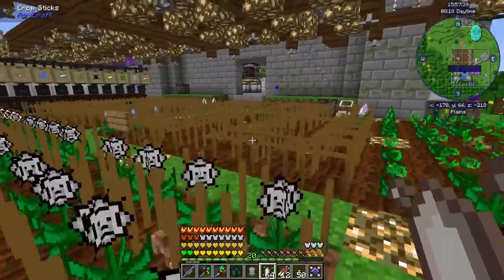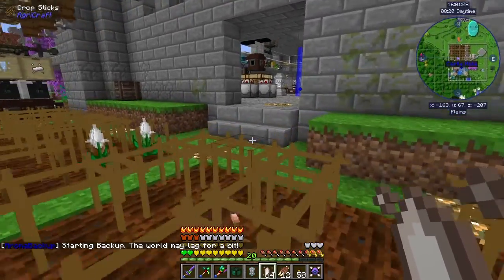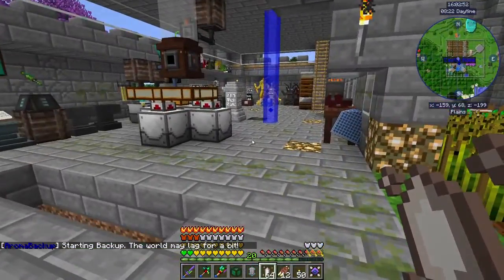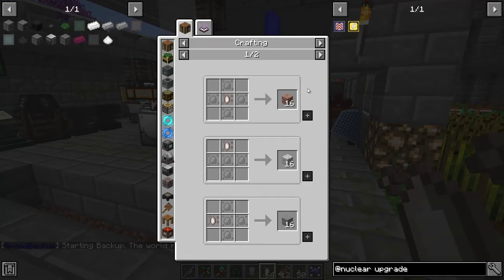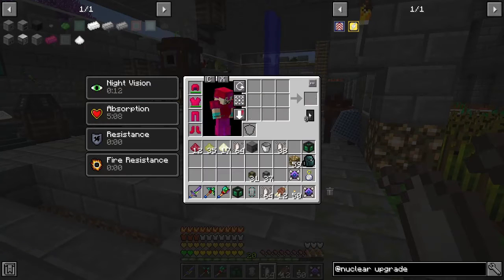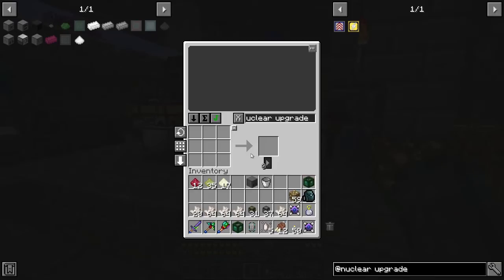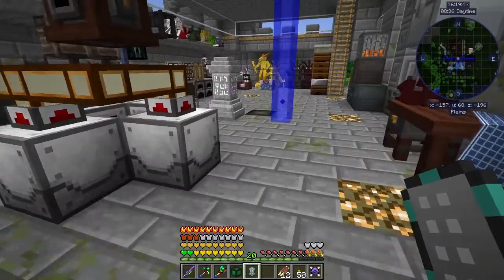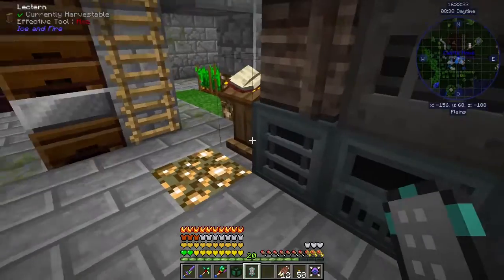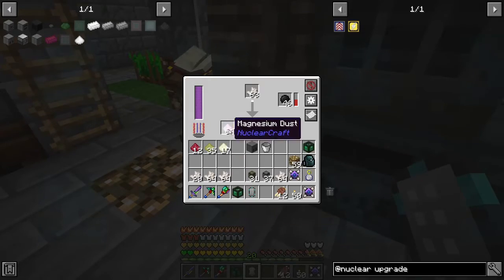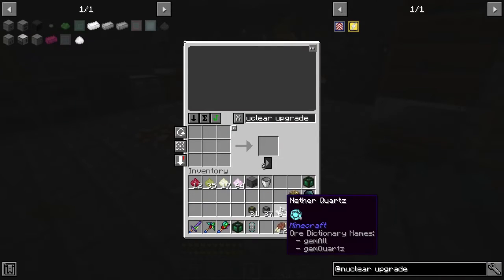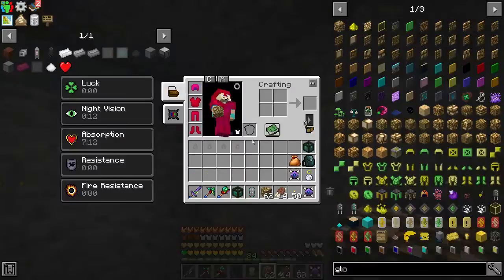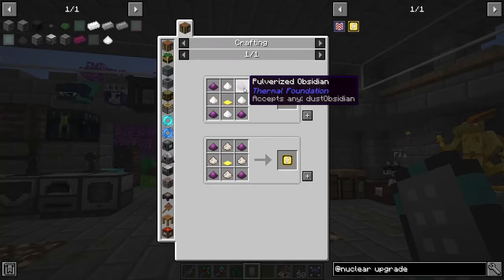So the crushed quartz should not be an issue. Okay, that's crushed quartz. And we wanted, what was the other one in that upgrade? Pulverized obsidian.